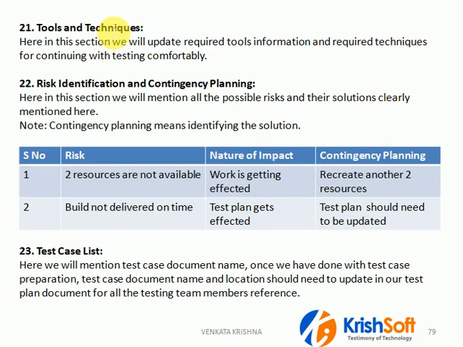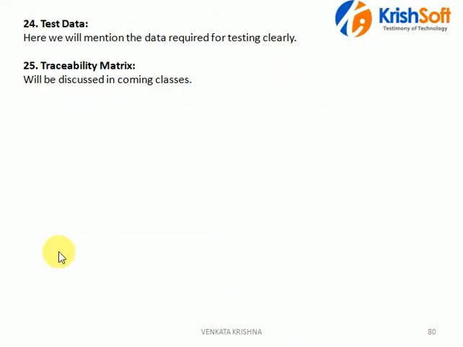Well, the 23rd section is test case list. You need to mention the test case list here, but at the time of preparing the test plan you don't have the test cases. Once you have created the test cases, then you need to update this particular document. The 24th section is test data.